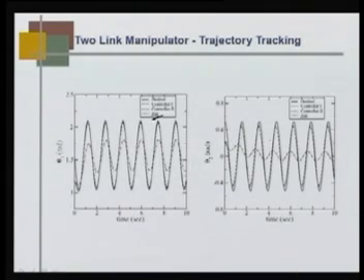Similarly, here also at tracking, this is joint 1 and this is joint 2. So, the joint 1 position tracking for both controller 1 and controller 2 is very good, and here also for both it is very good, but Jack's algorithm, which we compared with, as I said, is not able to do it properly.